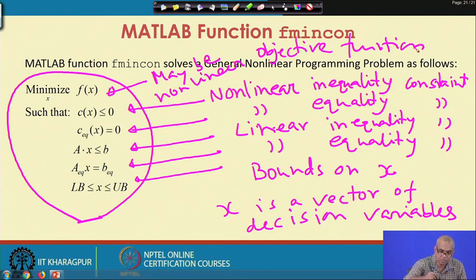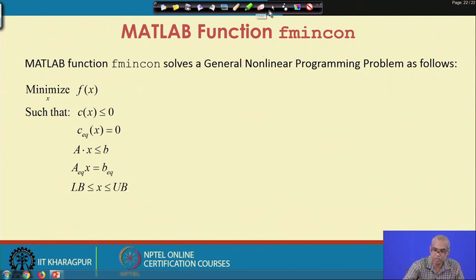So, this is the kind of problem that MATLAB's fmincon will solve. If you can cast your problem in this format, MATLAB can solve this optimization problem for you. We will see how it does.